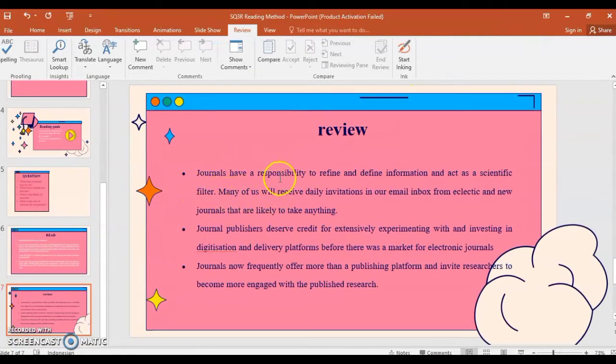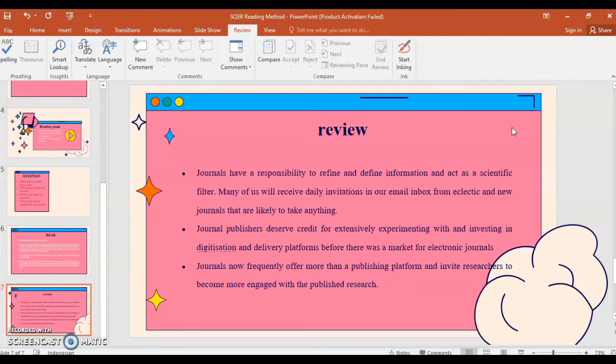Journals have a responsibility to refine and define information and act as a scientific filter. Many of us receive daily invitations in our email inbox from eclectic and new journals that are likely to take anything.